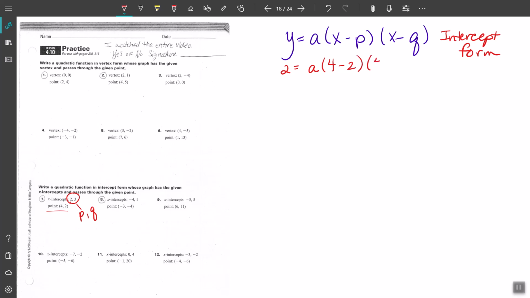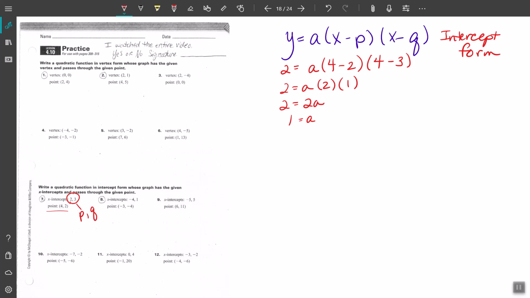We're going to use x twice, so we're going to use that x coordinate in both spots for x. And then our q would be 3, all right? If we complete the algebra, we end up with 2a, 2 equals 2a, and once again, we are getting an a value of 1.